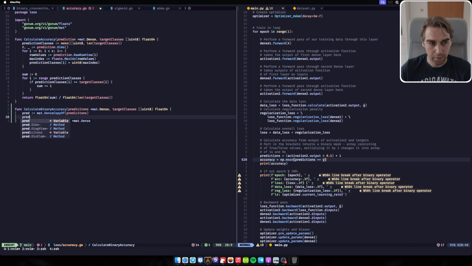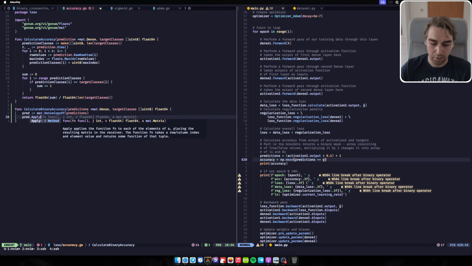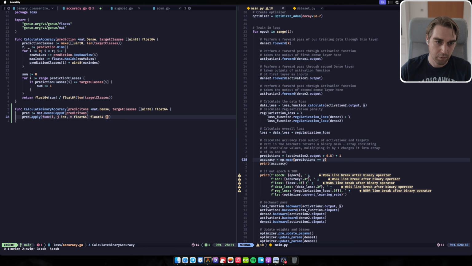Okay, preds apply, if b is bigger than 0.5, return 1, otherwise return 0.